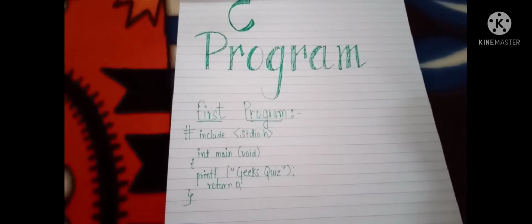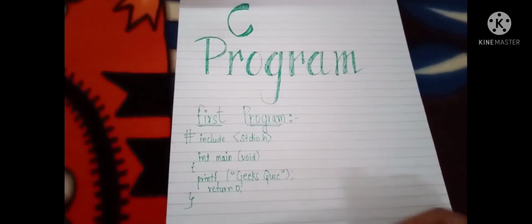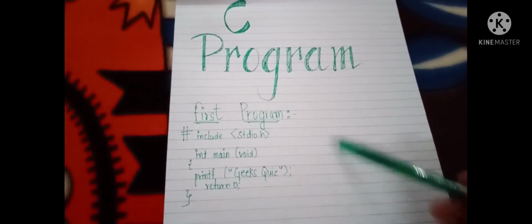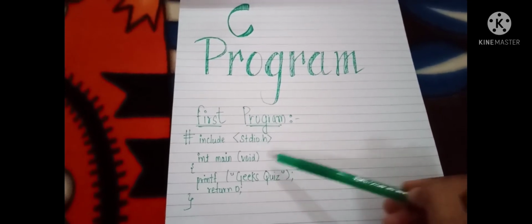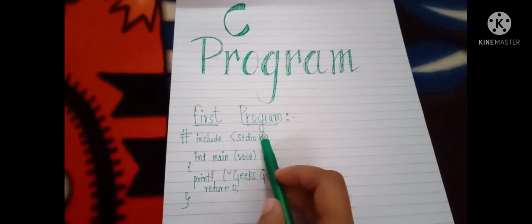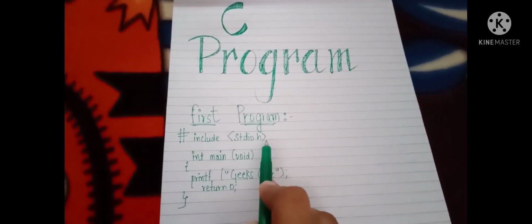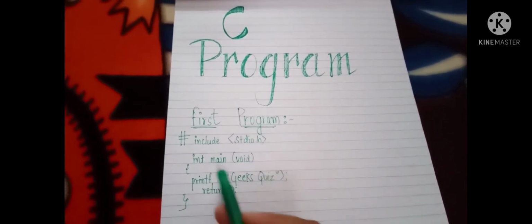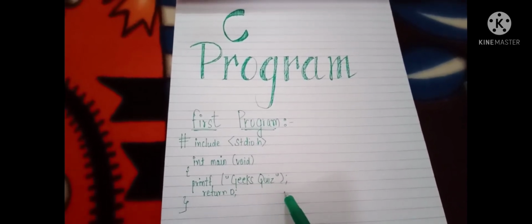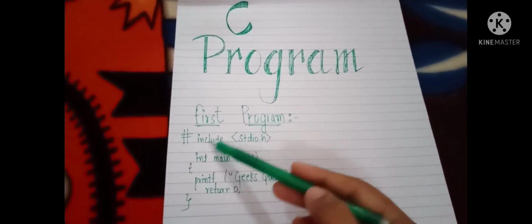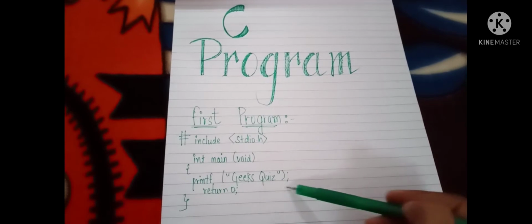This is just a simple and basic part, but we will know what is going on inside this program, how this will be printed, and what the meaning of this is. As I told you yesterday, this is the header file, this is the main function, this is the body part and this is the return type. So what is each of these doing?